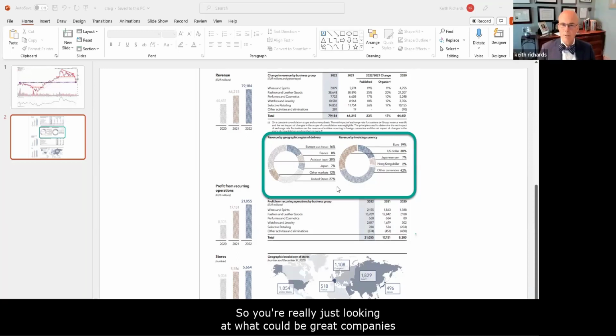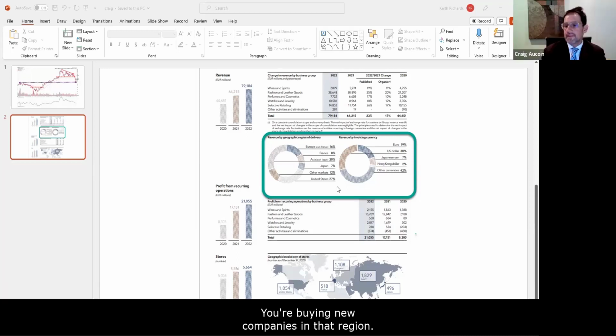Right. So you're really looking at what could be great companies in that particular geographic region represented by the ETF, fantastic companies that you do want to own and want to access through the ETF, but you're not necessarily buying something representative of the economy of that region. You're buying good companies in that region.